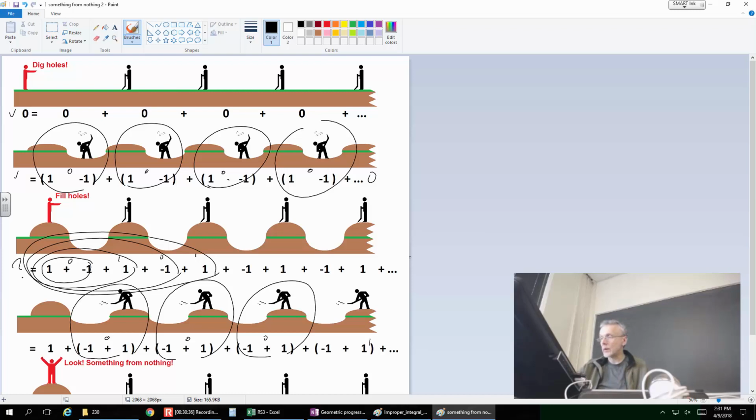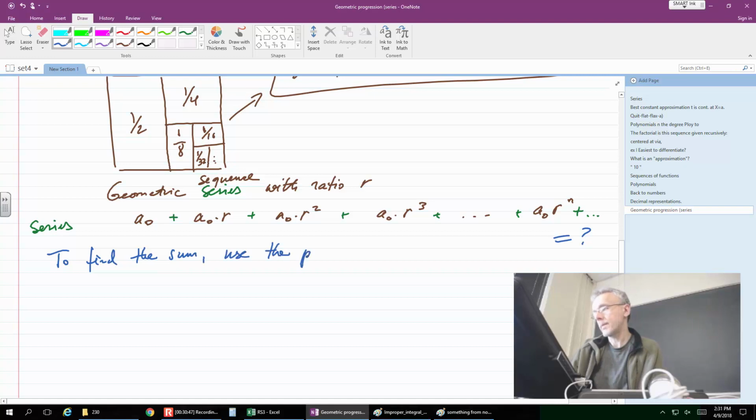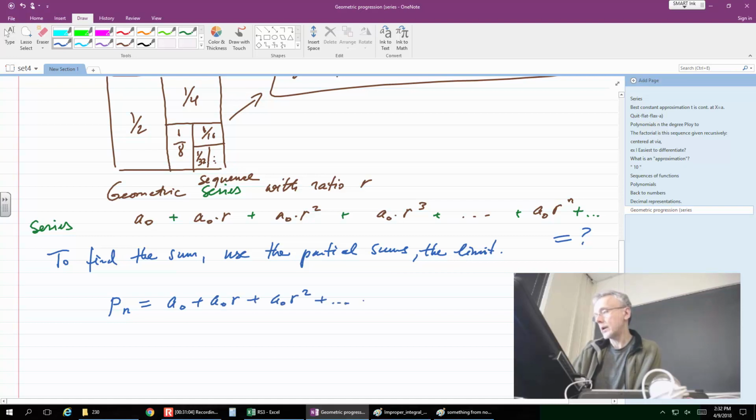So that's why we're going to do this carefully, and carefully means we use partial sums to find the sum, followed by the limit. So I'm writing P_n equal to a naught plus a naught r plus a naught r squared plus up to a naught r^n. So it ends with a naught r^n.